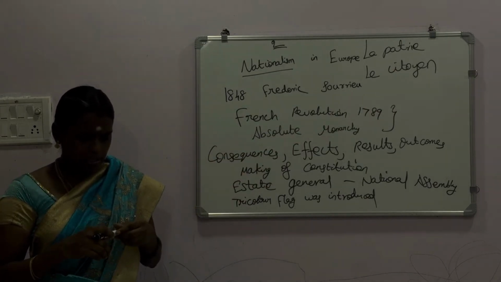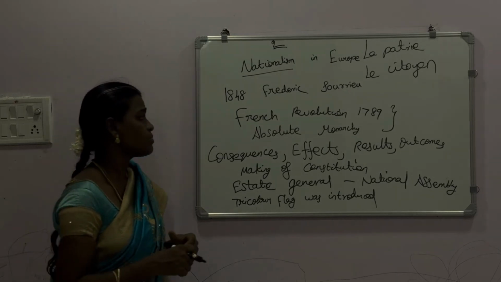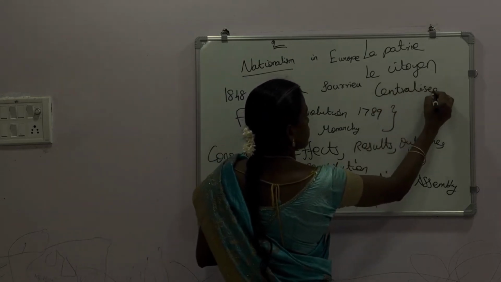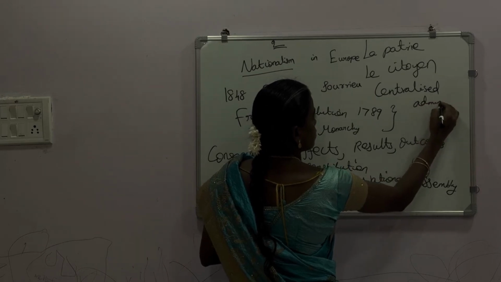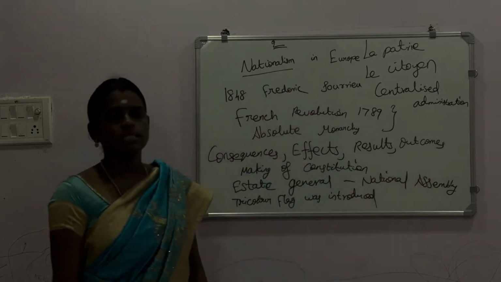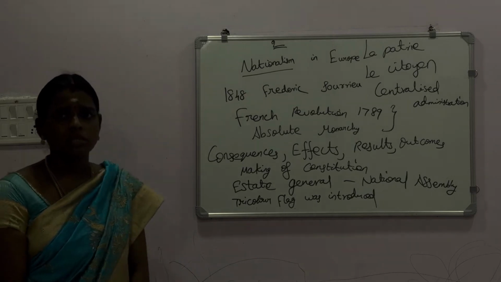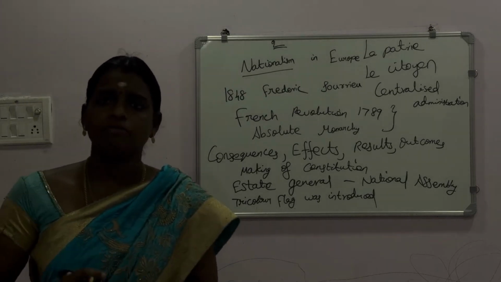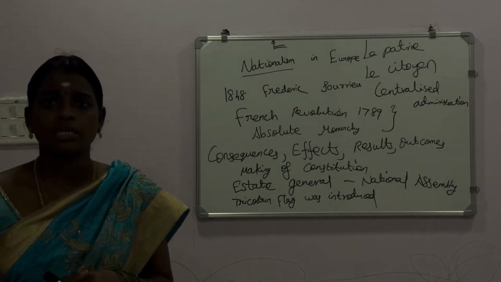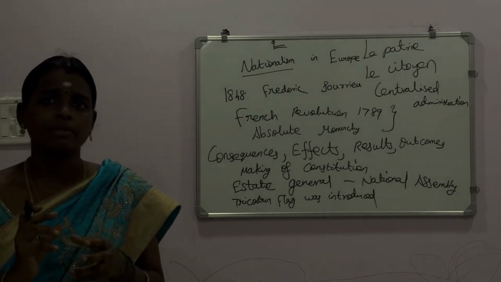Then there was a centralized administration. They introduced the centralized administration. And the next thing is that this French Revolution started within the boundary of France. In Europe there were many countries located, like France, Germany and Italy.